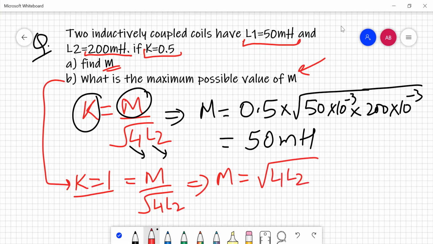Here you can just see that the value will come to be 100 millihenries when you solve with under root of L1 and L2. So this is how you do the numericals based on your coefficient of coupling.